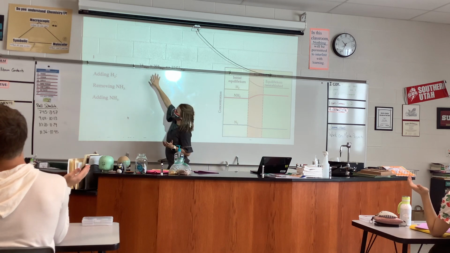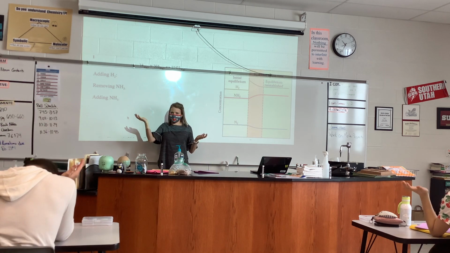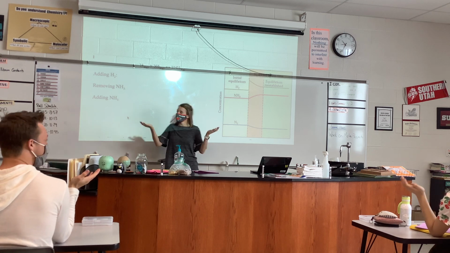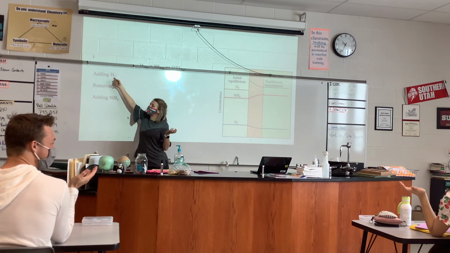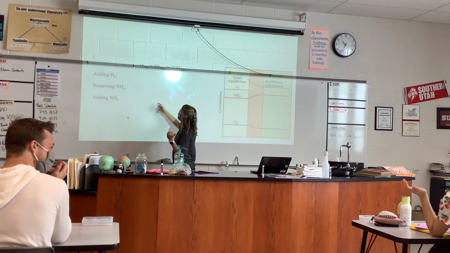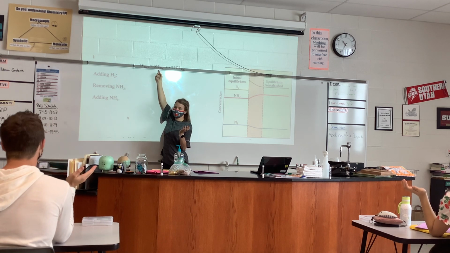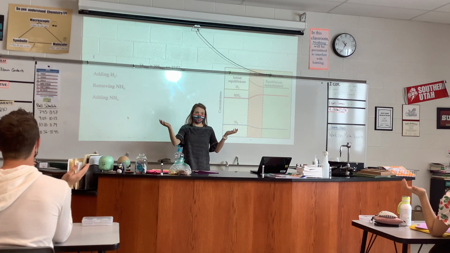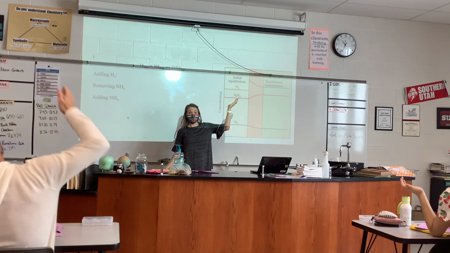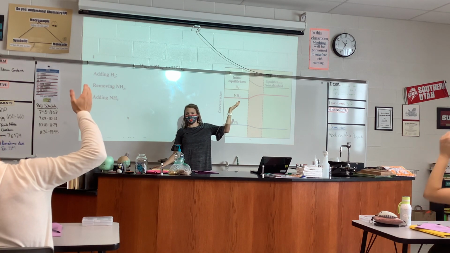Reactants are in this hand, products are in this hand. The stress says I'm going to add H2. H2 is a reactant, so the reactant side originally would get too heavy, because I added more. You put stuff on a scale, the scale gets heavy.